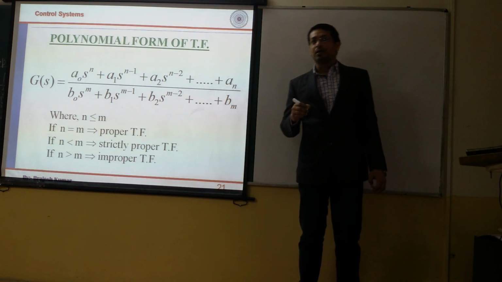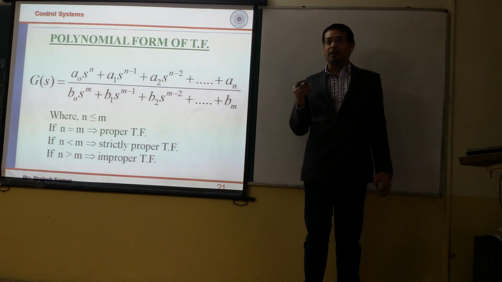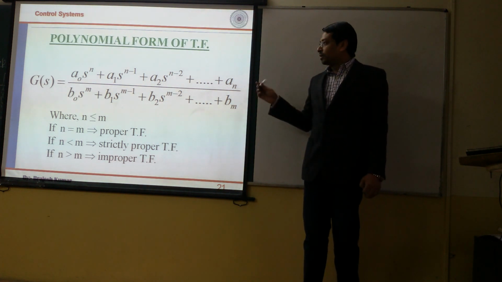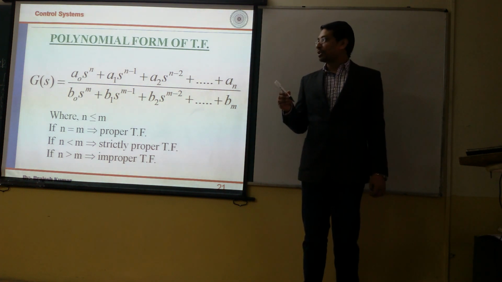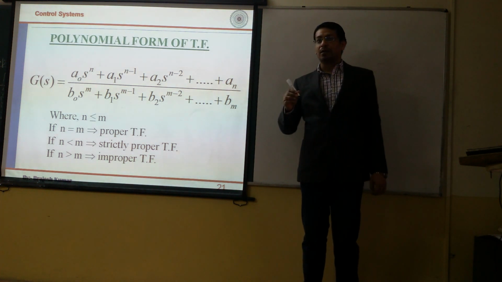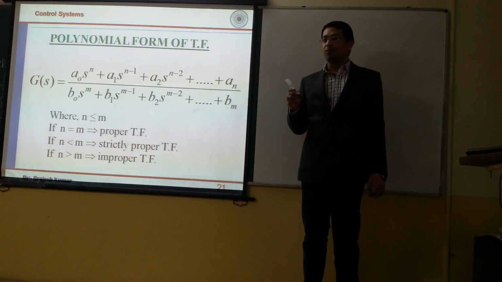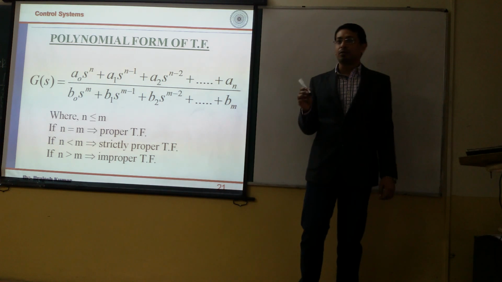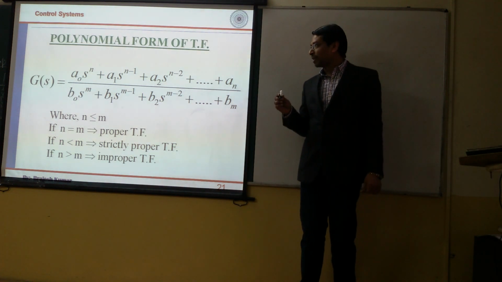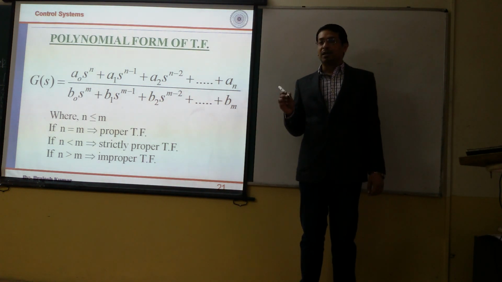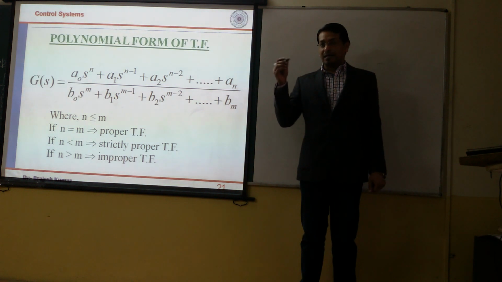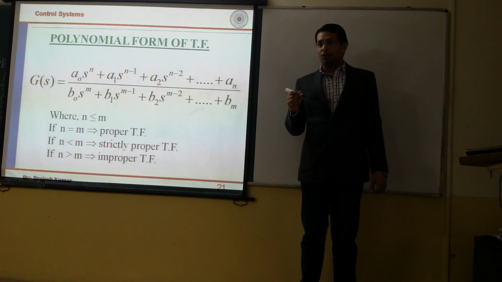Or equivalently, you can say for any realizable physical system, you can represent your transfer function as a numerator polynomial upon a denominator polynomial. This particular form is known as the polynomial form of the transfer function. And in this case, the highest power in the numerator should be less than or equal to the highest power in the denominator.